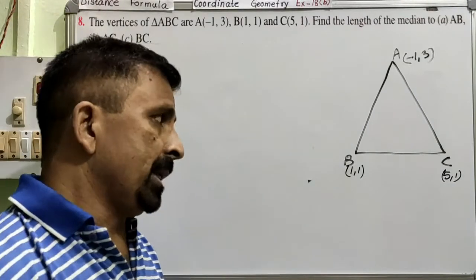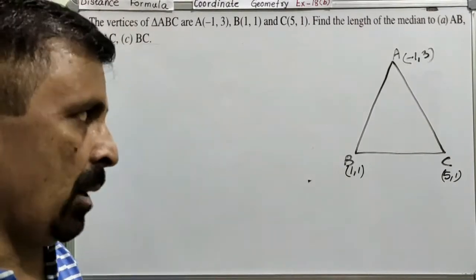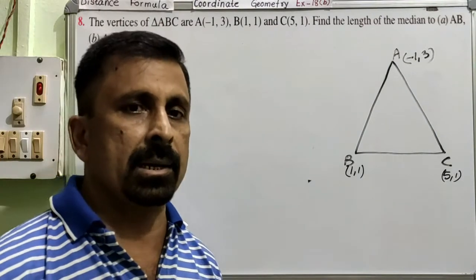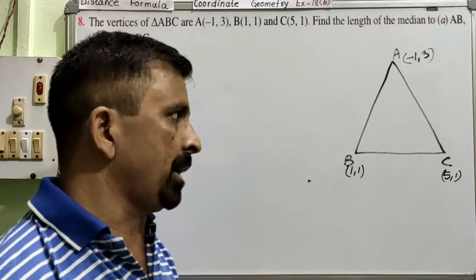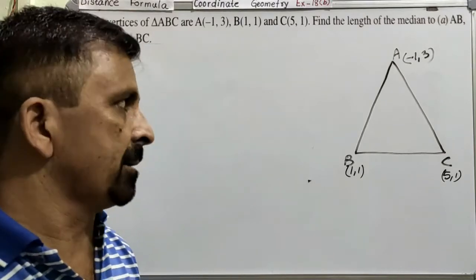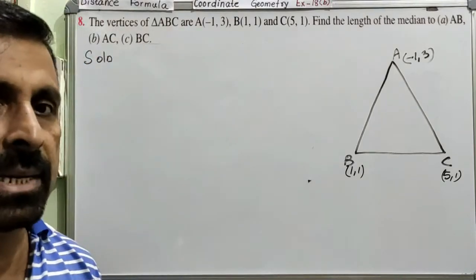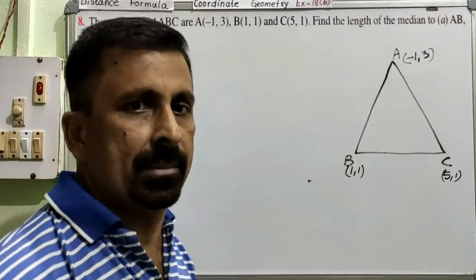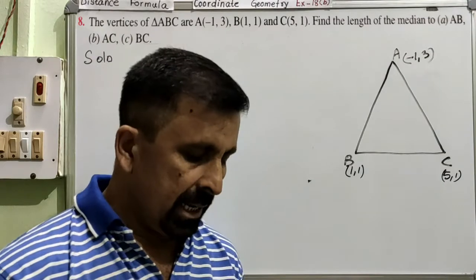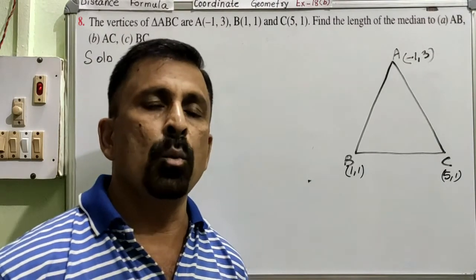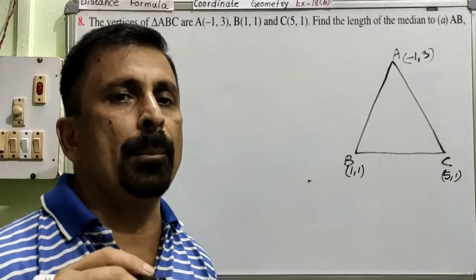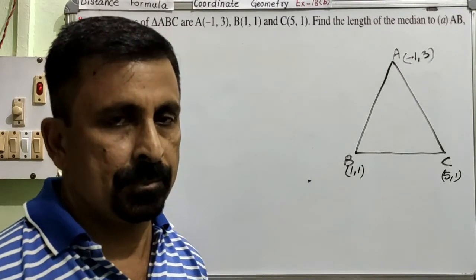Now the purpose of doing this question is that I want to tell you what a median is. Of course, you have studied the median in class 9 and also in class 10, but still a reminder. What is a median? Median is a line segment which joins the midpoint of a side with the opposite vertex.